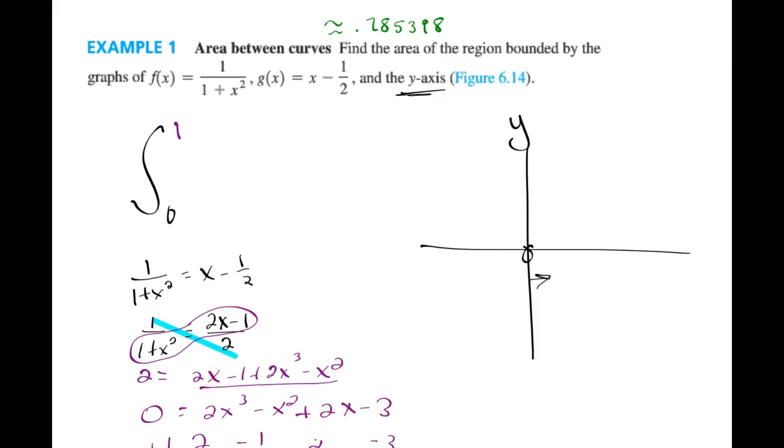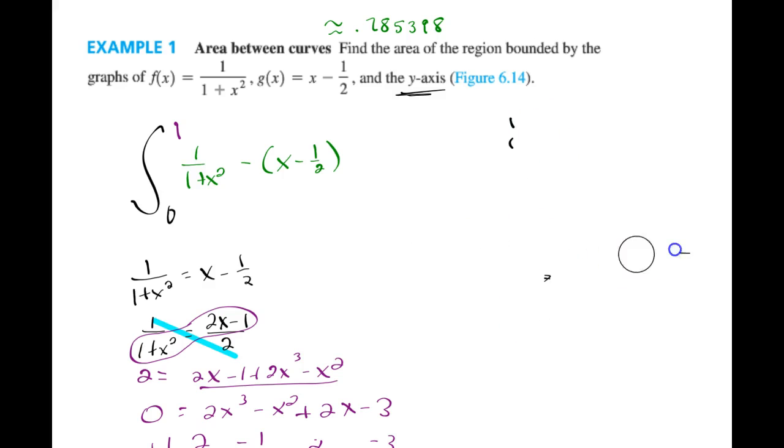So I recorded this decimal to make sure that I will end up with this as an answer, but the calculus part would look like this. So I'm just taking the upper minus the lower, and I'm going to integrate. Get rid of this graph because we've already looked at the graph. So I need just a little bit of space here.